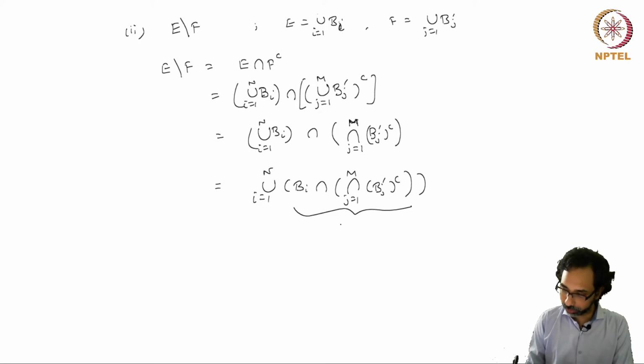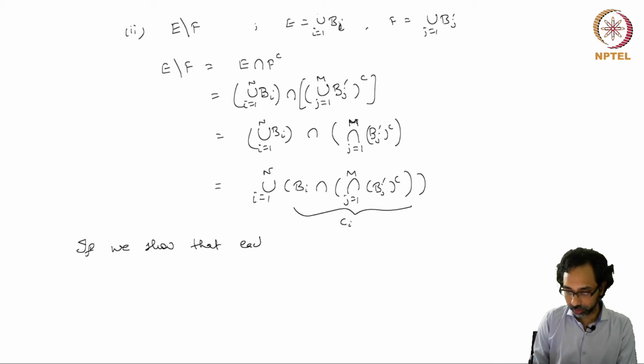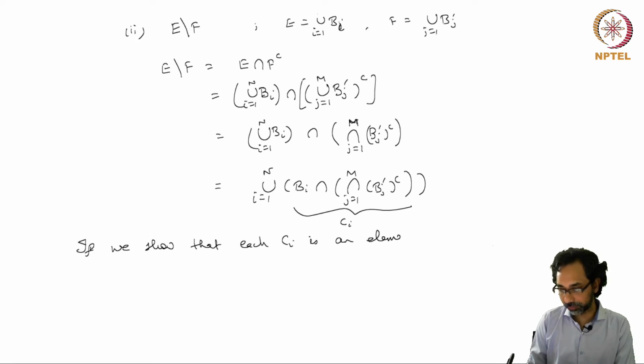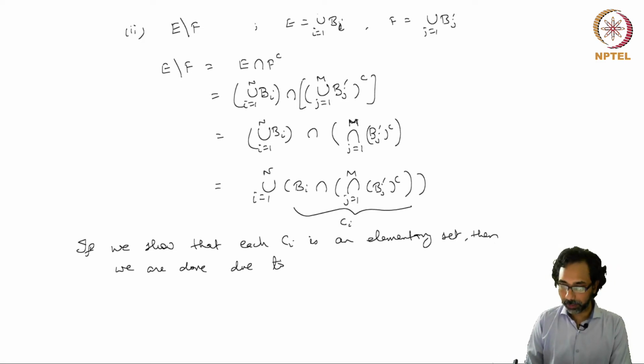So let me call it Ci. So if we show that each Ci is an elementary set, then we are done, due to the first property, of union of elementary sets being elementary.